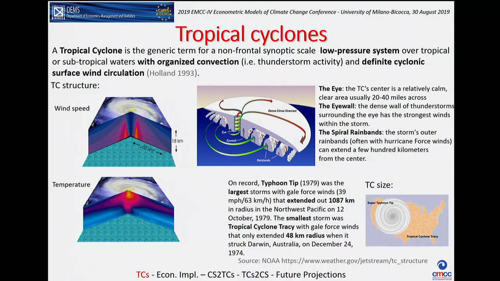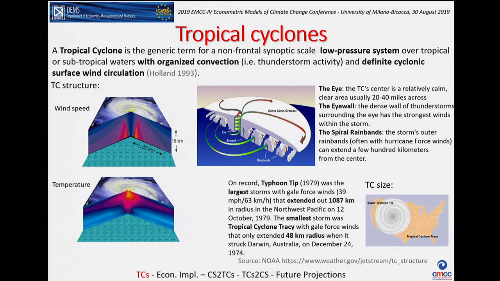The smallest one has been found, if I remember well, when I was born, in December 1974, and it was really, really small with respect to the typical tropical cyclone. It was 50 kilometers wide, but then you can also have tropical cyclones that are 1,000 kilometers wide.